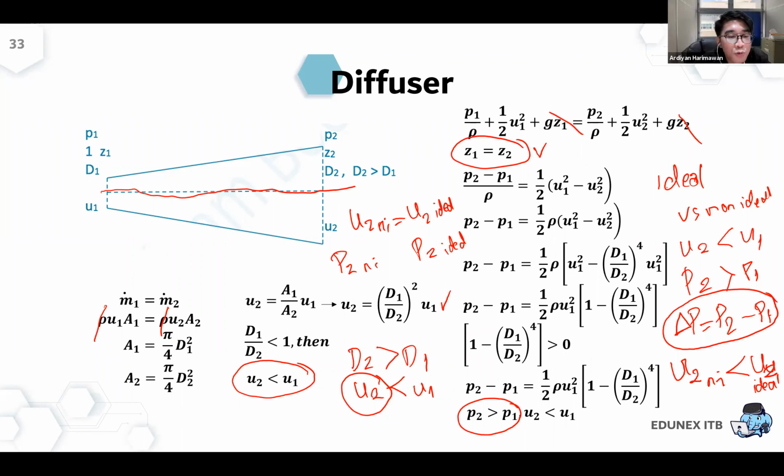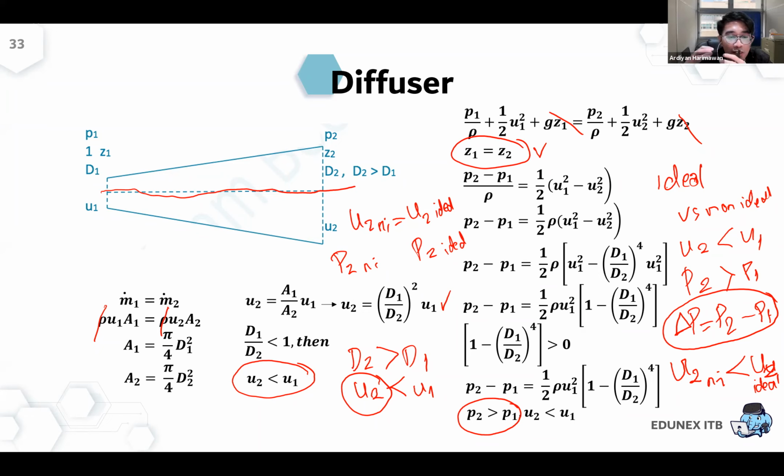Okay, yeah. If we assume the velocity at point 2 is the same between the ideal and non-ideal, it means that of the change from the kinetic energy, some part is lost to the environment.